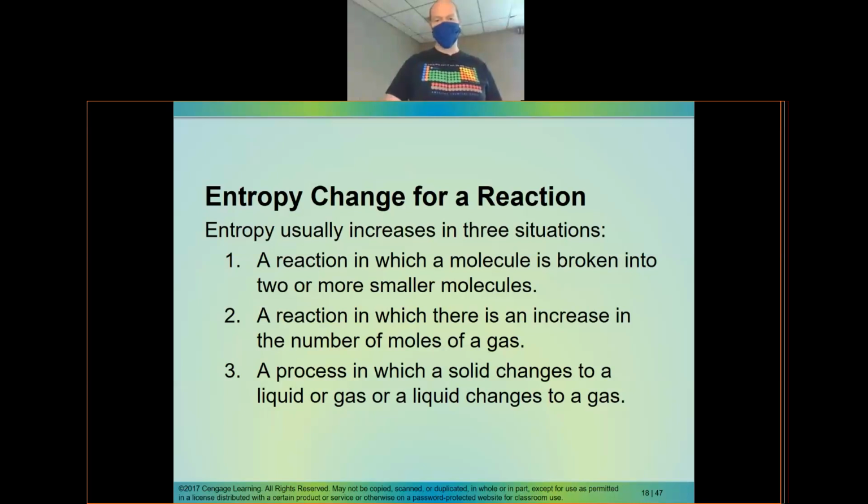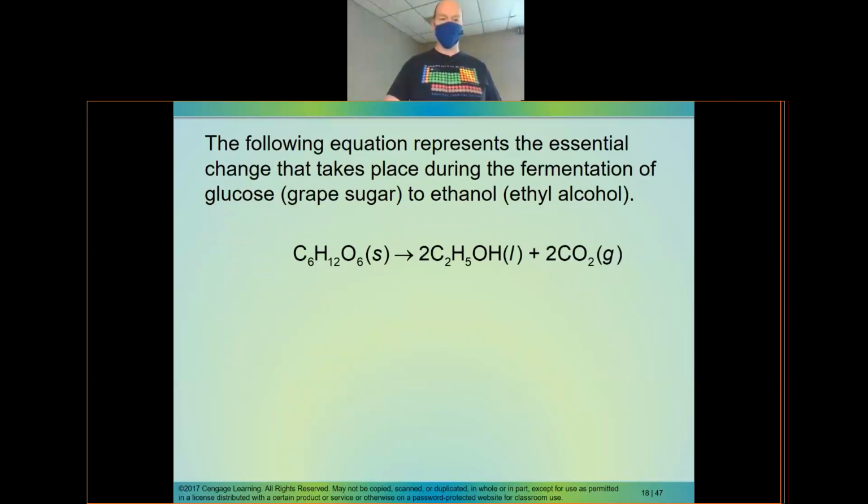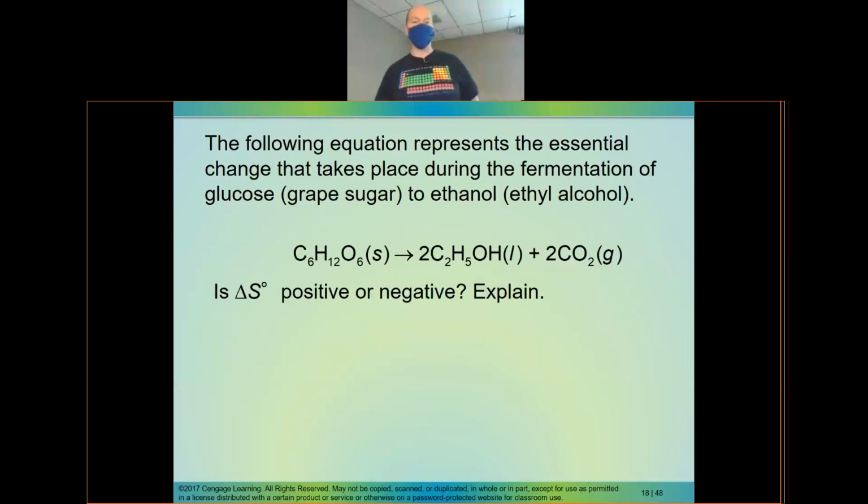All right, so again, we can predict whether we're going to have a positive or a negative entropy value for any reaction. So here's a reaction where we have no gases and 1 solid going to 2 liquids and 2 gases. All right, so this is a lot of entropy that's being formed. We had a lot of order, 1 solid. Now we have 2 liquids and 2 gases.